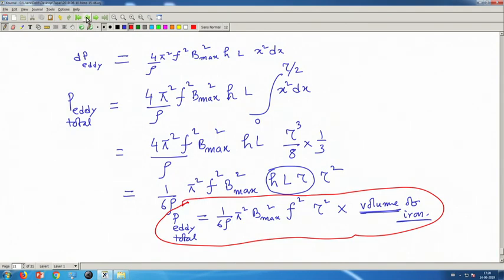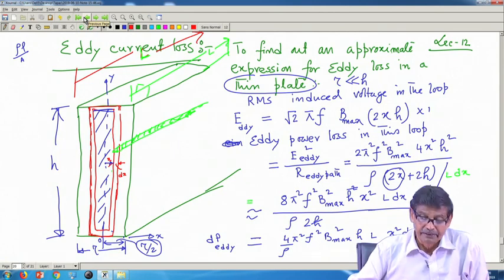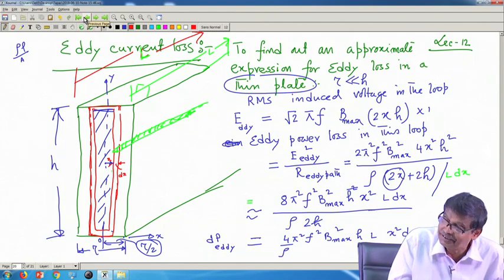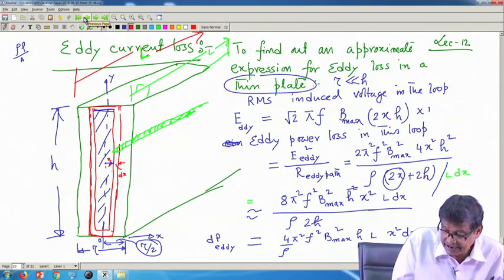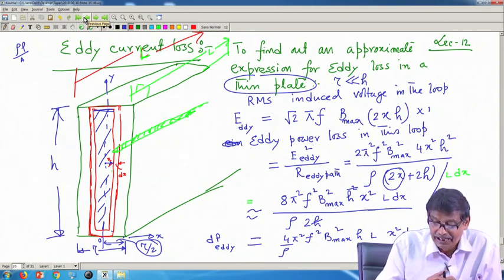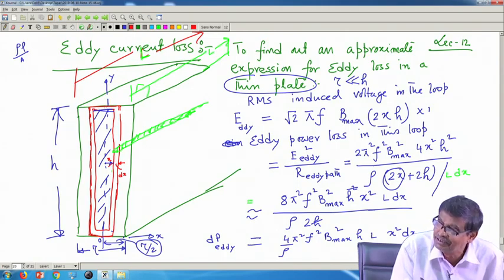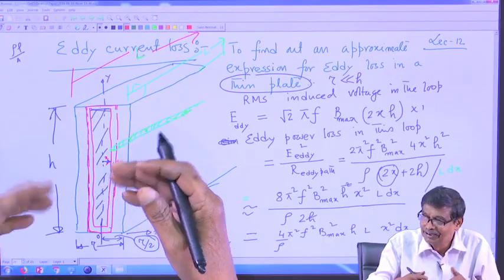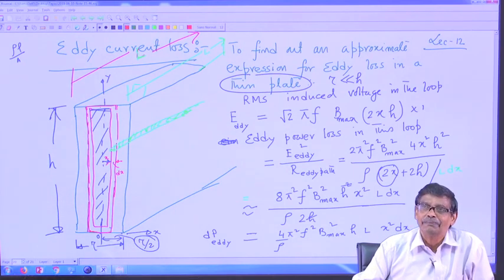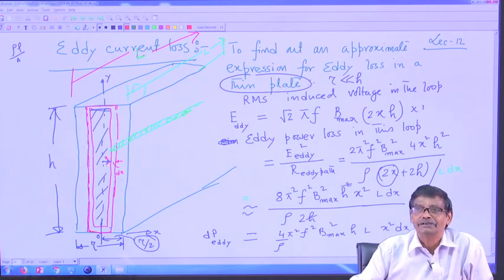Now, going to the previous page, you also notice I have assumed another thing. When I vary x, I have considered the loop not like this, but it covers the whole area as you vary x. But not only that, when x varies, this portion remains the same, as if I have calculated that area many times. But anyway, whatever I am estimating, I will be estimating slightly higher, it is no harm.